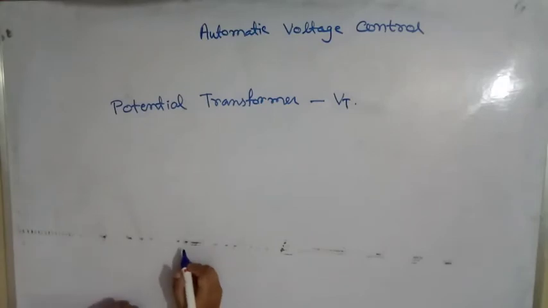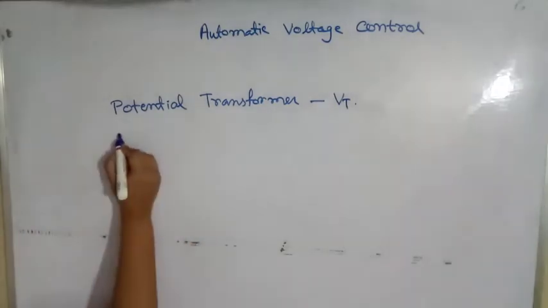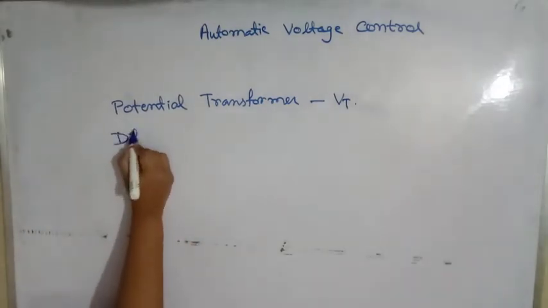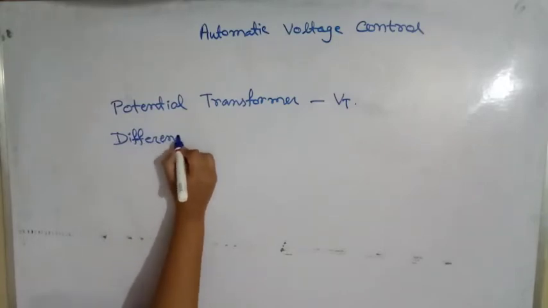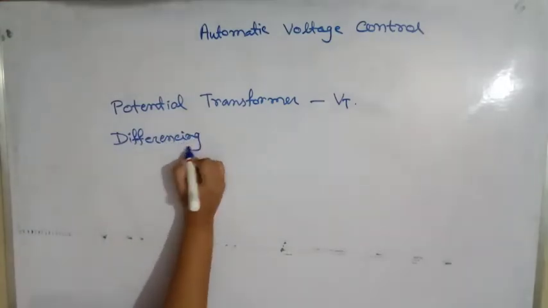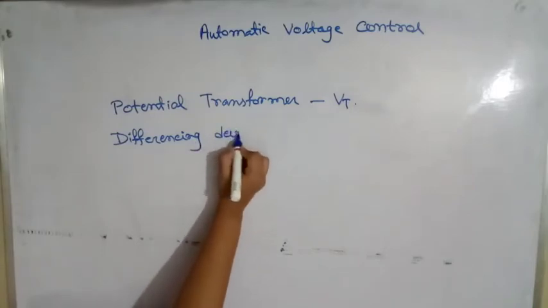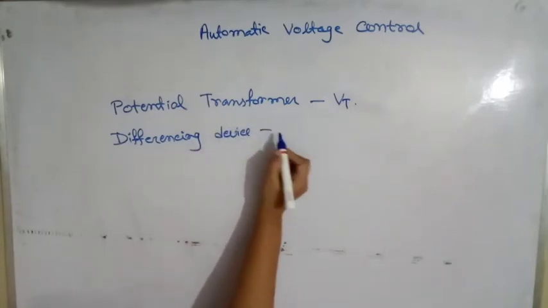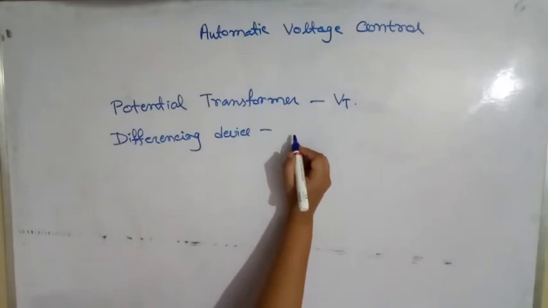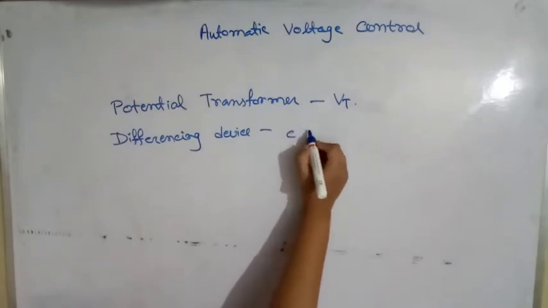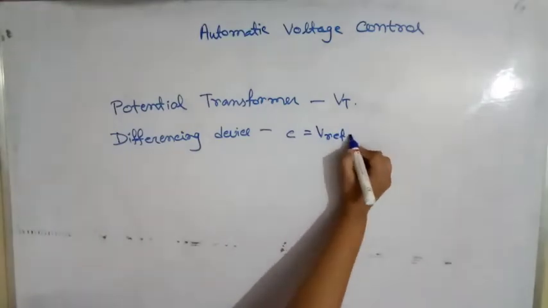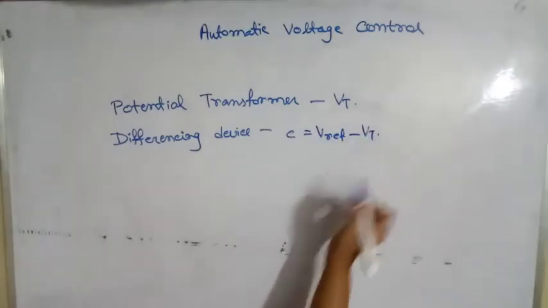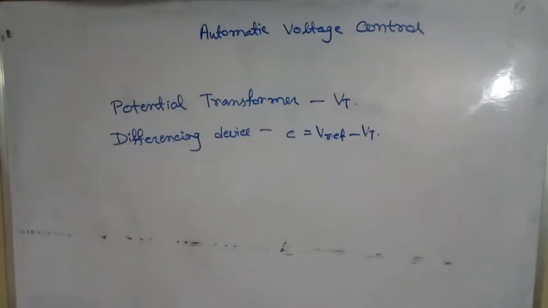Next, the differencing device. It gives the actuating error E equal to V reference minus terminal voltage.